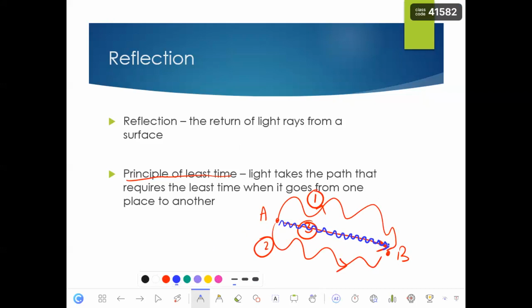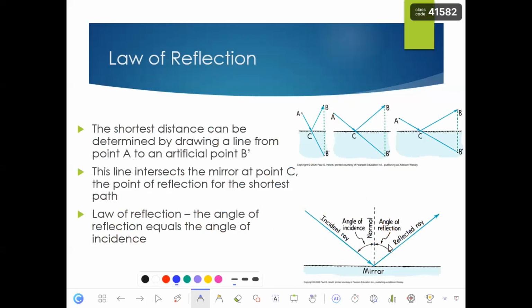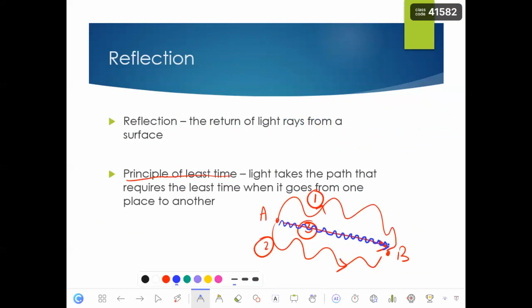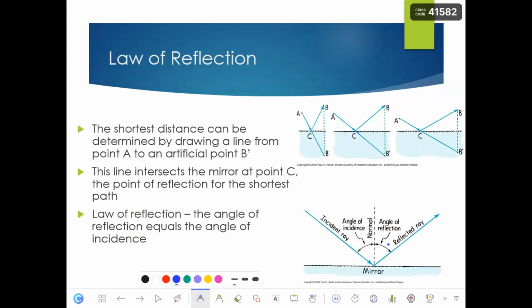So when we have a light, the light will always travel through the straight line. By knowing the principle of least time, we would be able to explain the law of reflection.